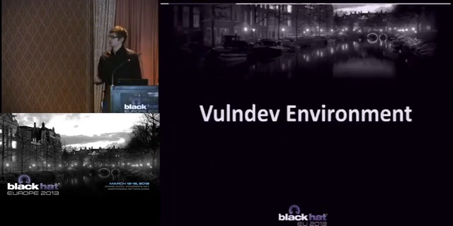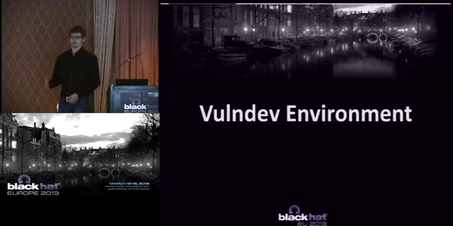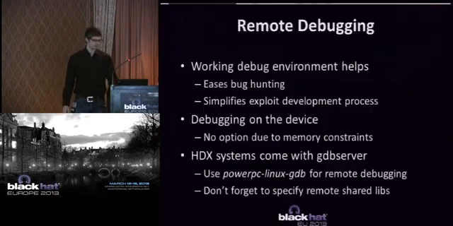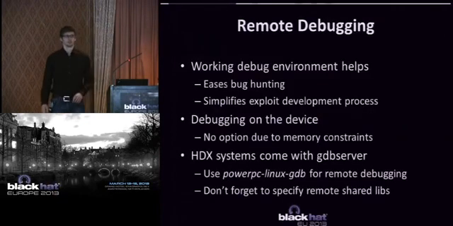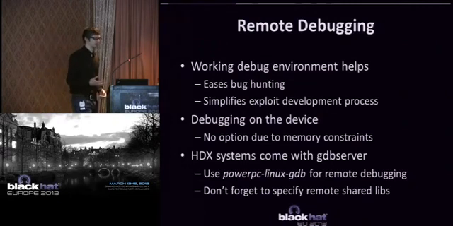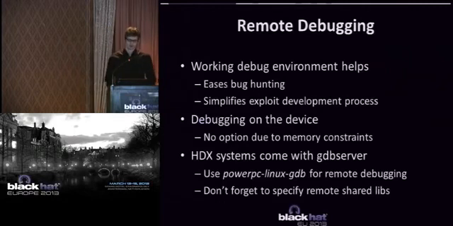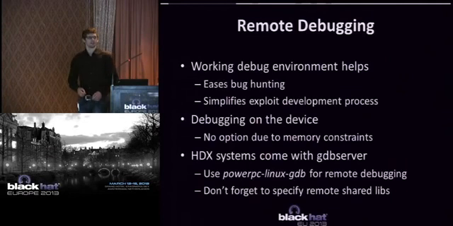So now that we know a little bit about the device from the inside, about the major processes, we want to set up our dev environment, which basically consists of setting up remote debugging. Because, as I said, it simplifies bug hunting. It allows you to more easily write your exploit. Actually, we tried to do debugging on the device itself.